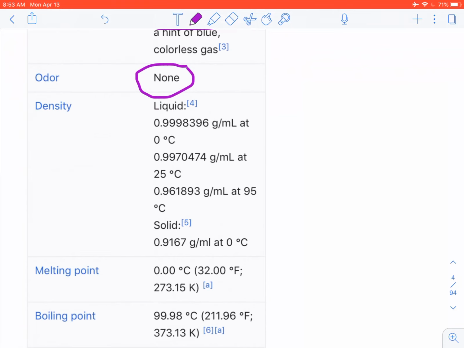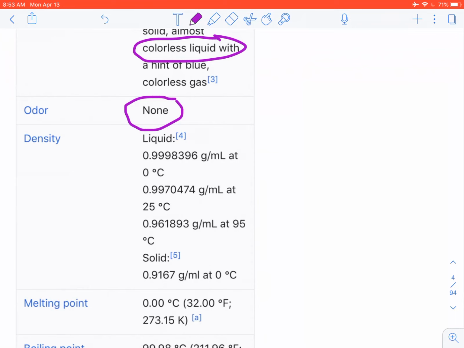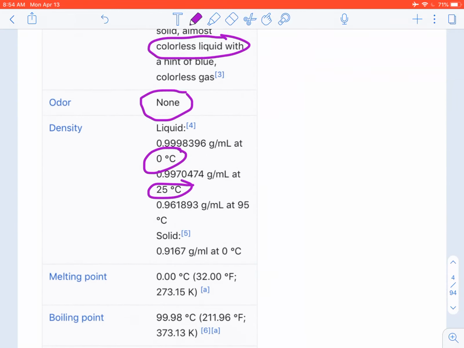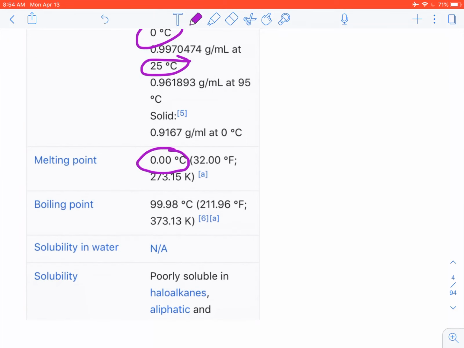It gives you the density at 0 degrees, at 25 degrees. Melting point, we know that you did at the beginning of the year when you dealt with the cooling curve and heating curve of water.